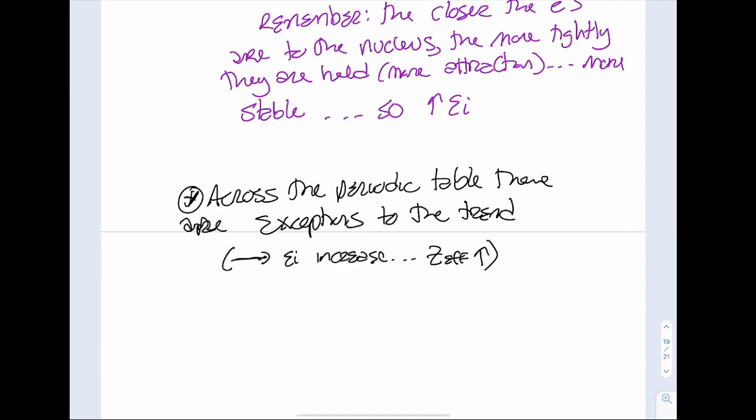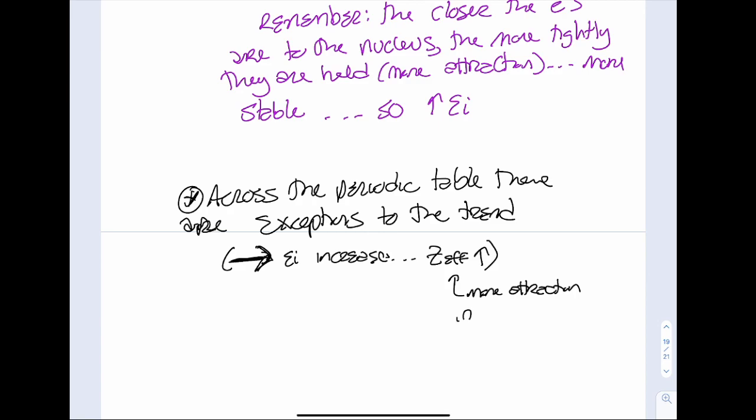So this arrow is saying as I go across the table, from left to right, my ionization energy in general, again, there's lots of exceptions, is going to increase. Our reason for that, the effective nuclear charge increases, and don't just say that, right? There's more attraction. So harder to remove it.